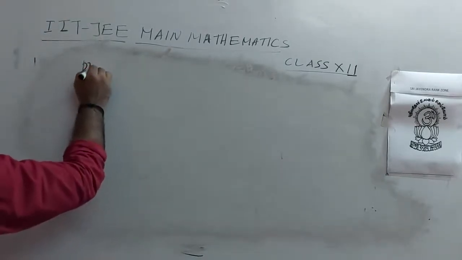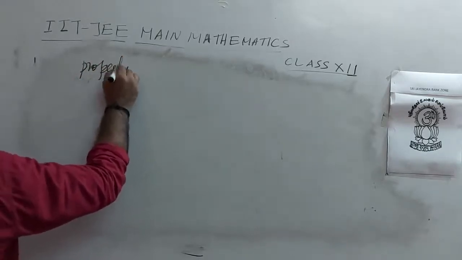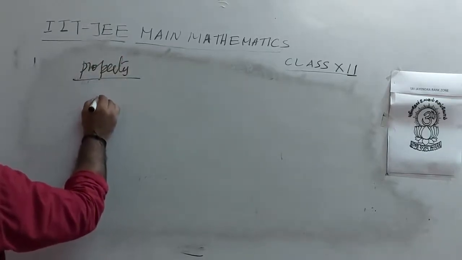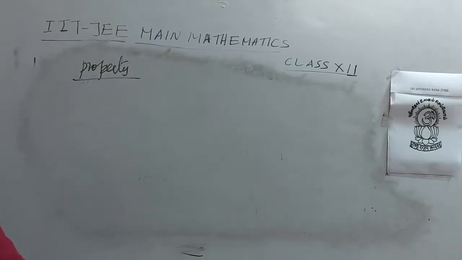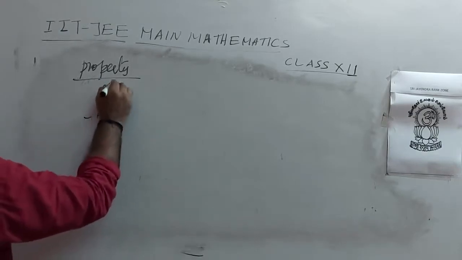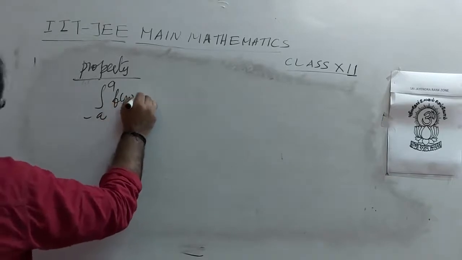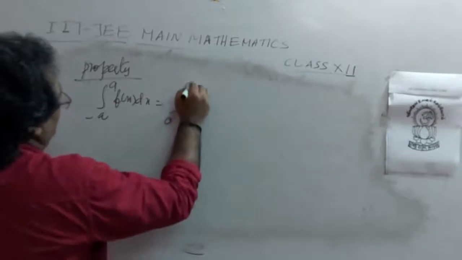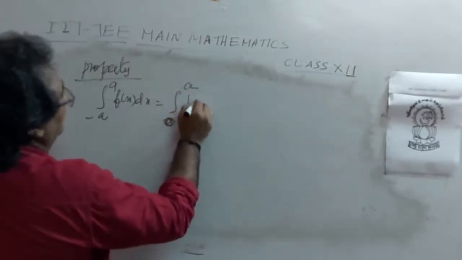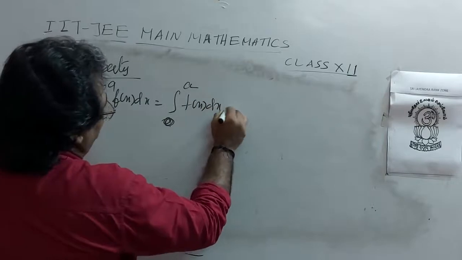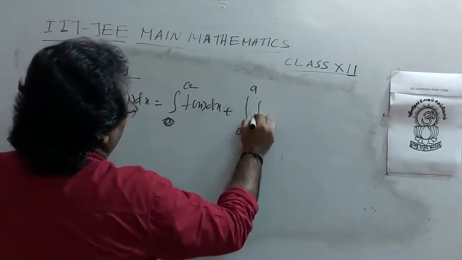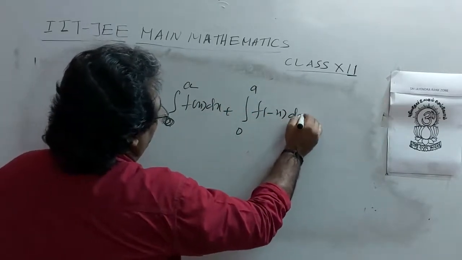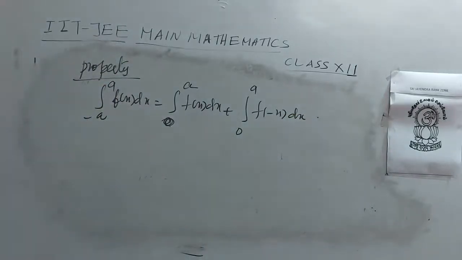Next property: integral minus a to a f of x dx equals integral 0 to a f of x dx plus integral 0 to a f of minus x dx.